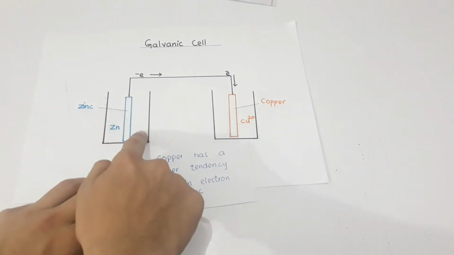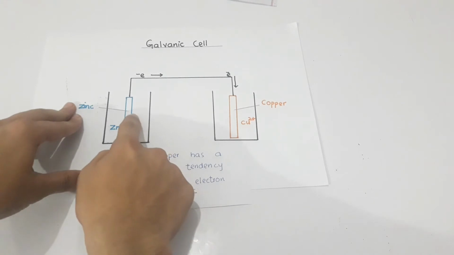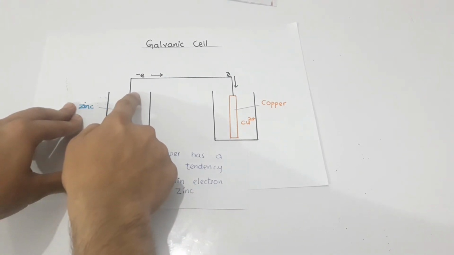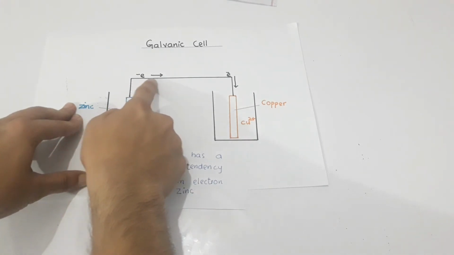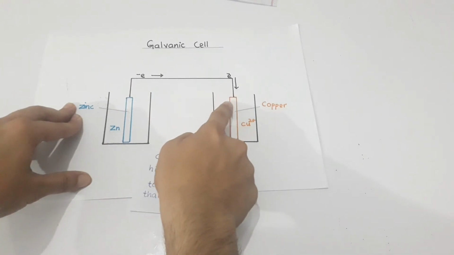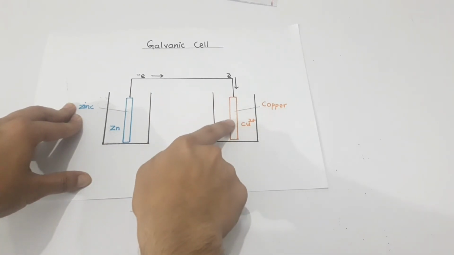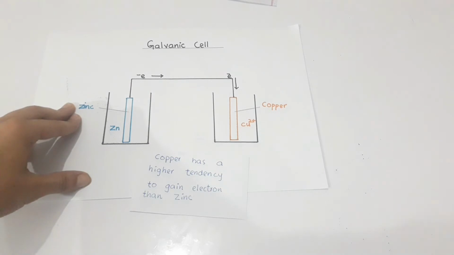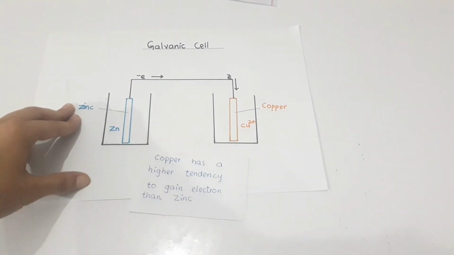So in this case, the zinc will lose electrons, and these electrons will move through this wire to the copper, and the copper will gain these electrons, which were lost by zinc.